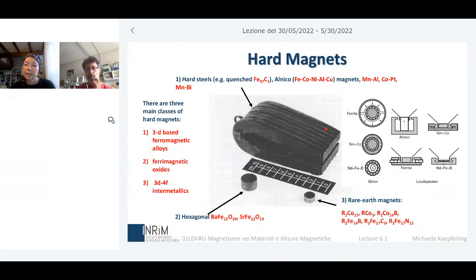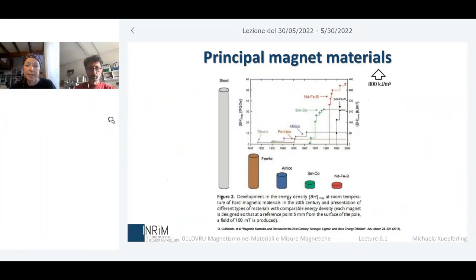And of course, from this picture you can already imagine: here we need 1 centimeter, here already a little bit more, and this is a huge piece. This helped enormously to improve certain applications such as motors or loudspeakers. You could not imagine going jogging with loudspeakers of Alnico, very heavy and very big ones. Nowadays we have these very tiny neodymium iron boron loudspeakers, headsets, and so on.